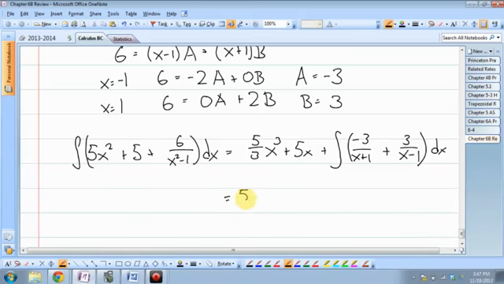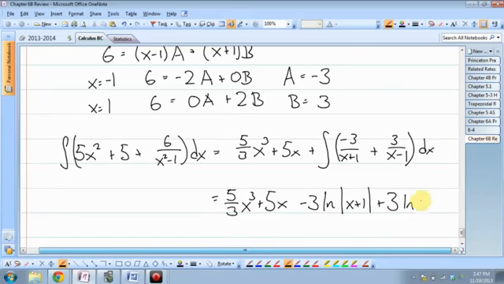That's equal to 5/3 x cubed plus 5x. Now this negative 3 becomes a constant, and this is the natural log of x plus 1. This 3 also becomes a constant, and natural log of x minus 1. And now we can put our plus constant.